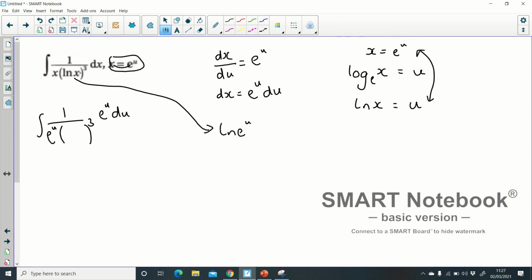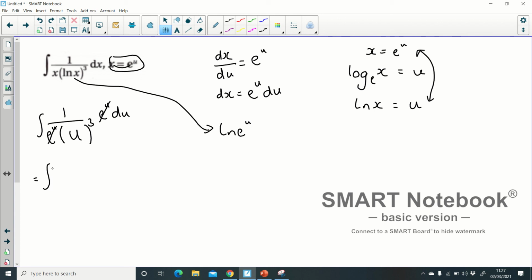So remember, I had ln of x here. I'm just going to replace that with u cubed. So we end up with this unusual looking thing here. Now I need to simplify this. But remember, there's this e to the u on the top, which can cancel out with this e to the u on the bottom.